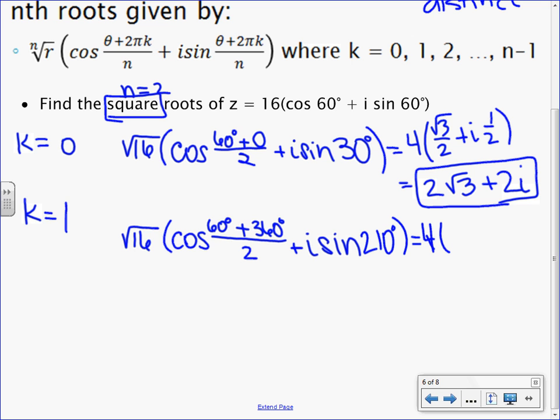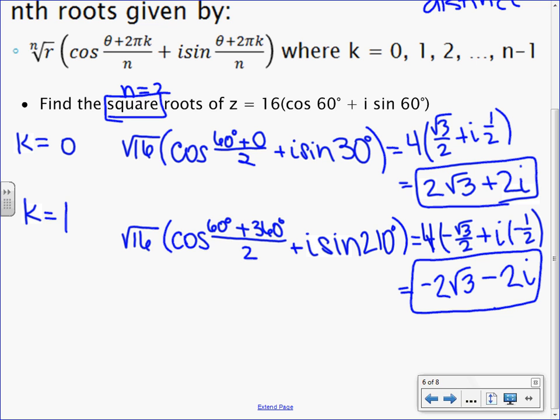What is the cosine of 210? And what is the sine of 210? Negative 1/2, correct, because we're in the third quadrant. So we have negative 2 radical 3 minus 2i. Both of these numbers, if we square them, we get back to our original z.